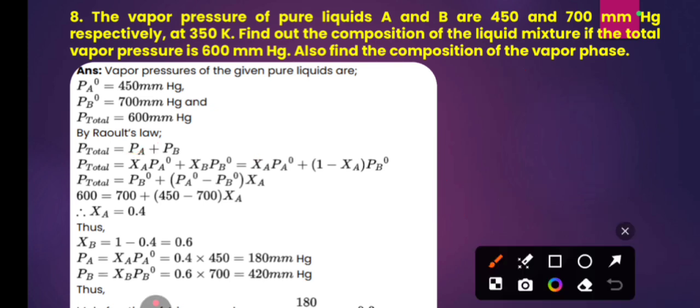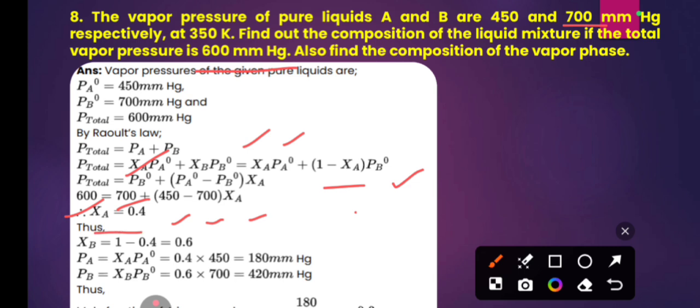So you can see here P total is equal to XA P naught A plus 1 minus XA P naught B. XA you have to find out, every value is given here. Total vapor pressure is 600 mmHg. Vapor pressure in pure state of B is 700, this is given here. 450 minus 700 into XA.